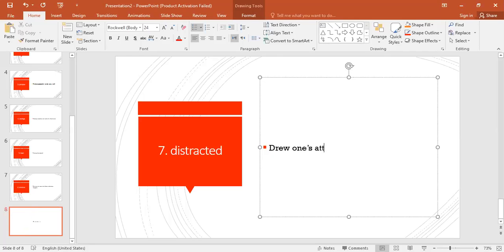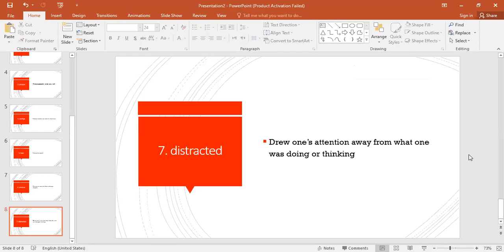Drew one's attention away from what one was doing or thinking. All right, that's a great definition. So distracted means drew one's attention away from what one was doing or thinking.